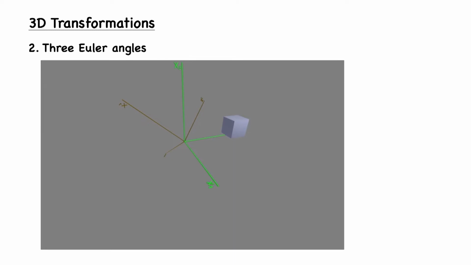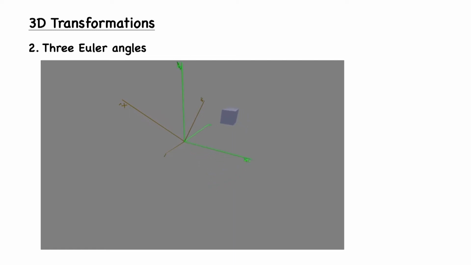In this animation, the light green frame of reference is k, and the brown one is k dash. I've attached a grey cube to the frame of reference to make it clearer what direction it's rotating in, and I've also added perspective so you can distinguish between foreground and background. Let's run the animation now and see those 3 rotations.